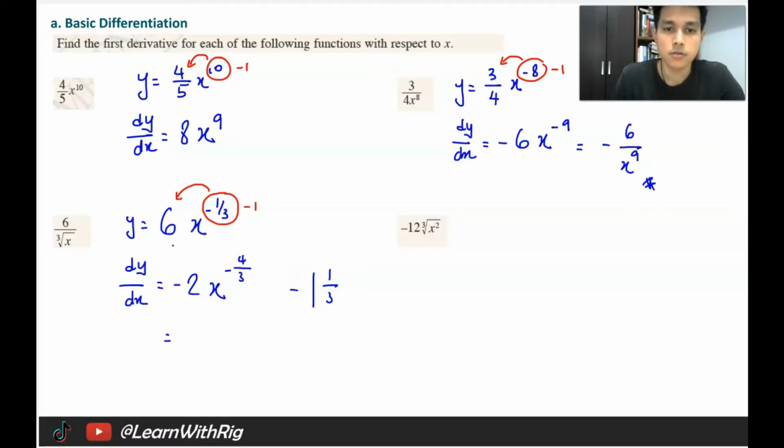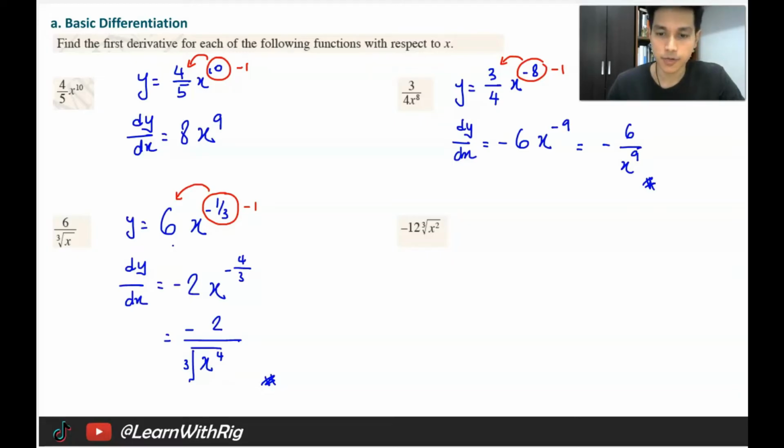If I write it in normal form, it becomes negative 2 over x power 4 cube root. So this should be your answer.